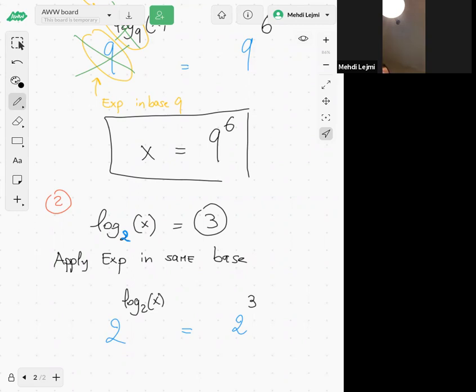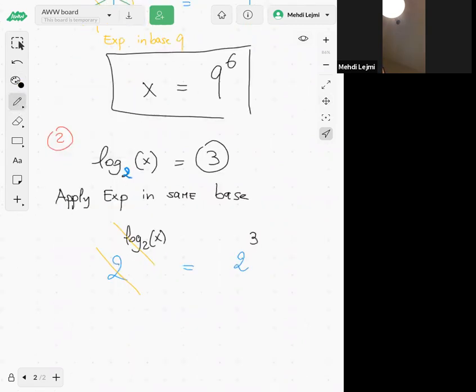Well, then this is exponential in base b, and this is a log in base b. They cancel out, so it's just x now on the left. So it's equal to x on the left, and that'll be 2 cubed, which is of course 8. So x is equal to 8.